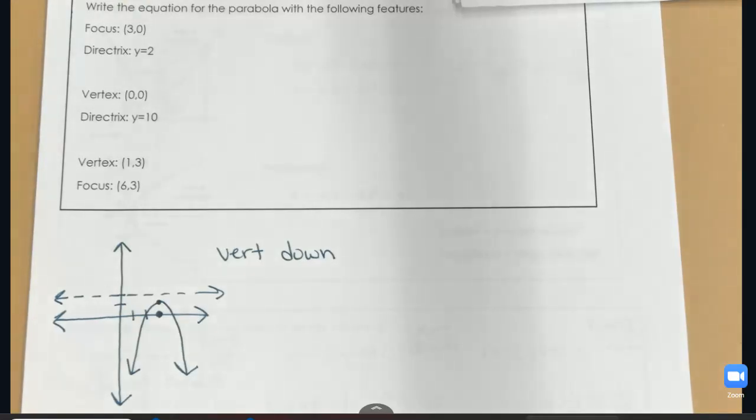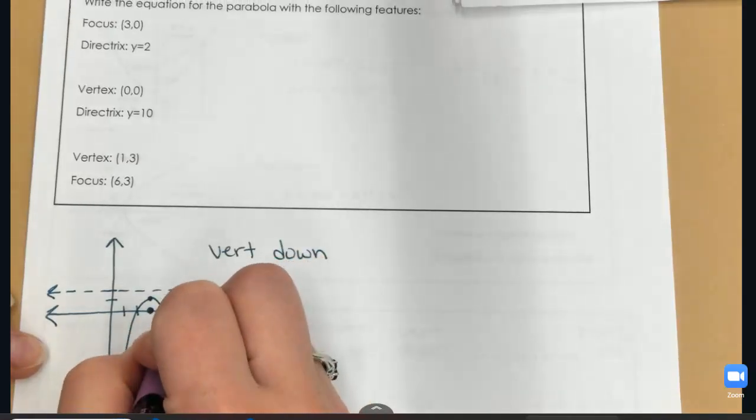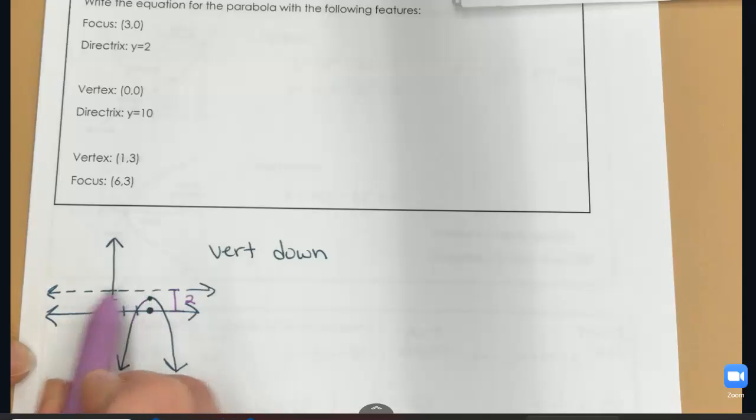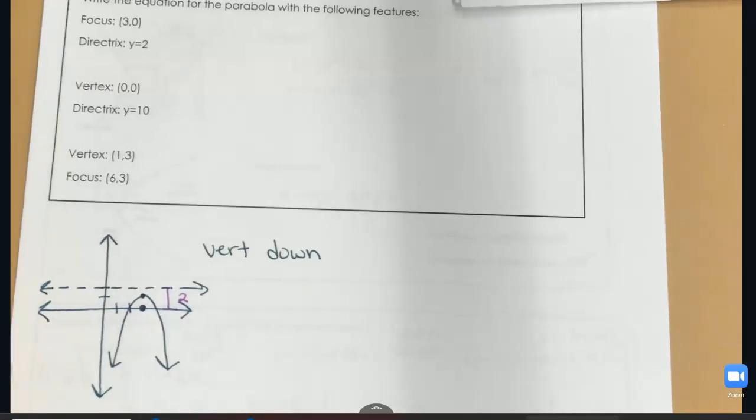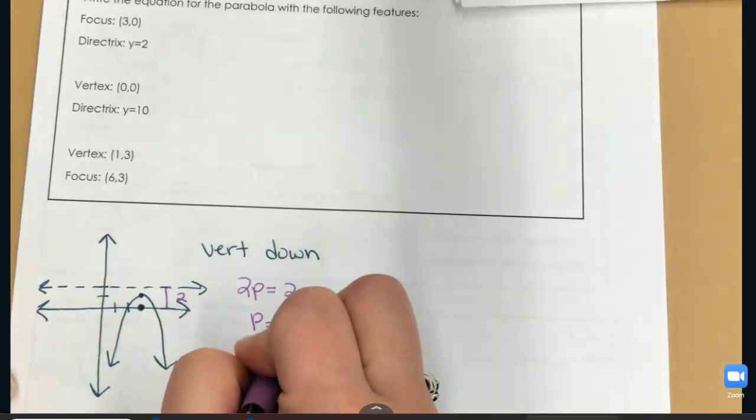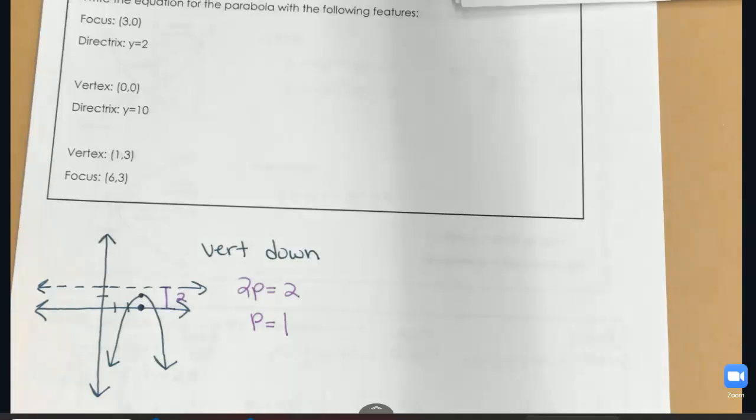I still need to find p, and I need to find my vertex. So if I look at this distance between my focus and my directrix, from here to here is 2, right? I'm at 3, 0, and then going up to where y equals 2. That is 2. That is twice p. So if 2p is equal to 2, that means p is 1, okay? I know p now. I just need to find the vertex.